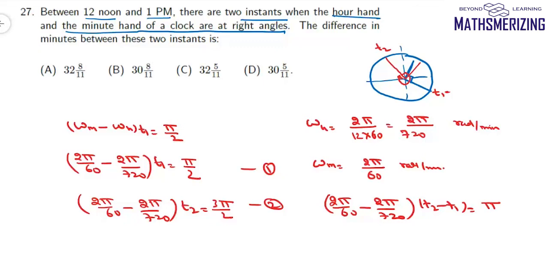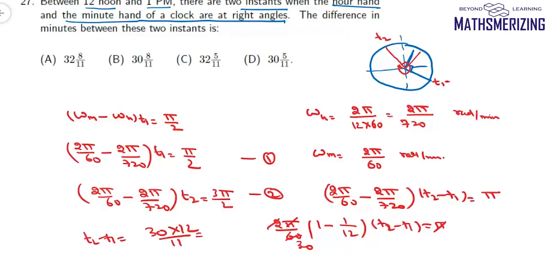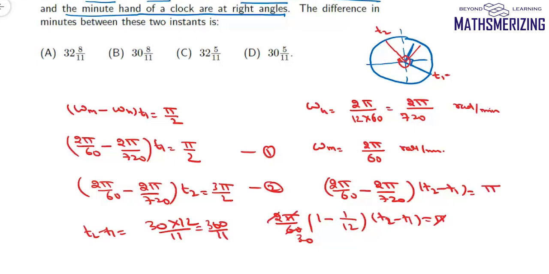So I'll take 2 pi by 60 common, and here I'll get 1 minus 1 by 12 into T2 minus T1 into pi. So I'll cancel this pi, and here this is 30. So T2 minus T1 will be 30 into 12 upon 11, which is 360 by 11. So it is 32 and 8 by 11. That's your option number A.